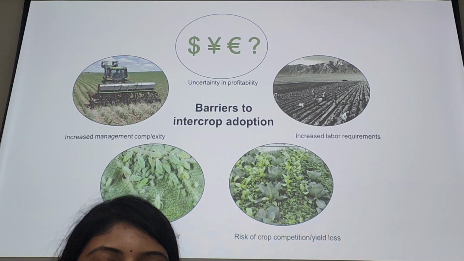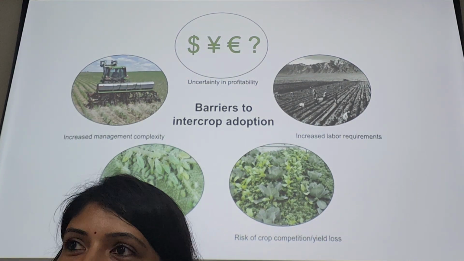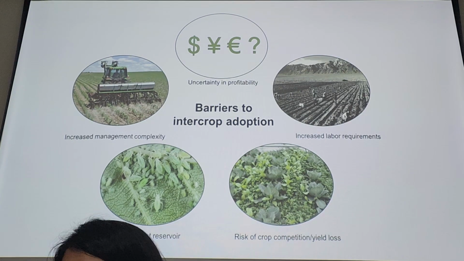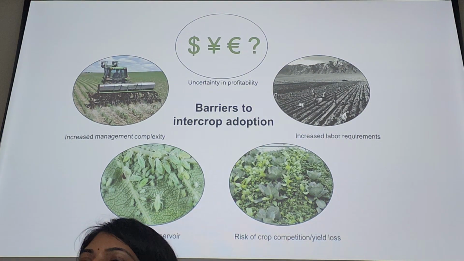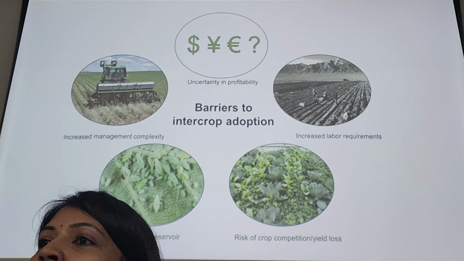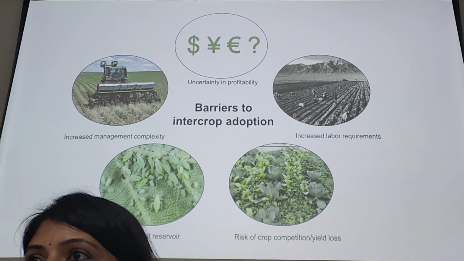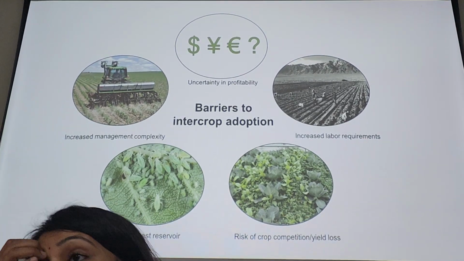The second one is increased labor requirements. This is because we are dealing with different species of plants. In terms of management of the crop, when we are going to apply fertilizers, spray them, or harvest them, it is all different according to the crop.